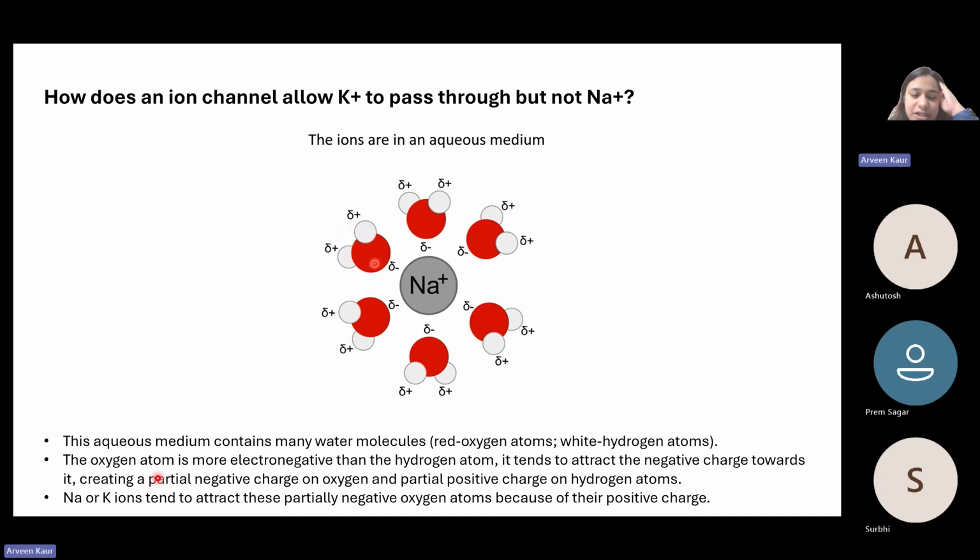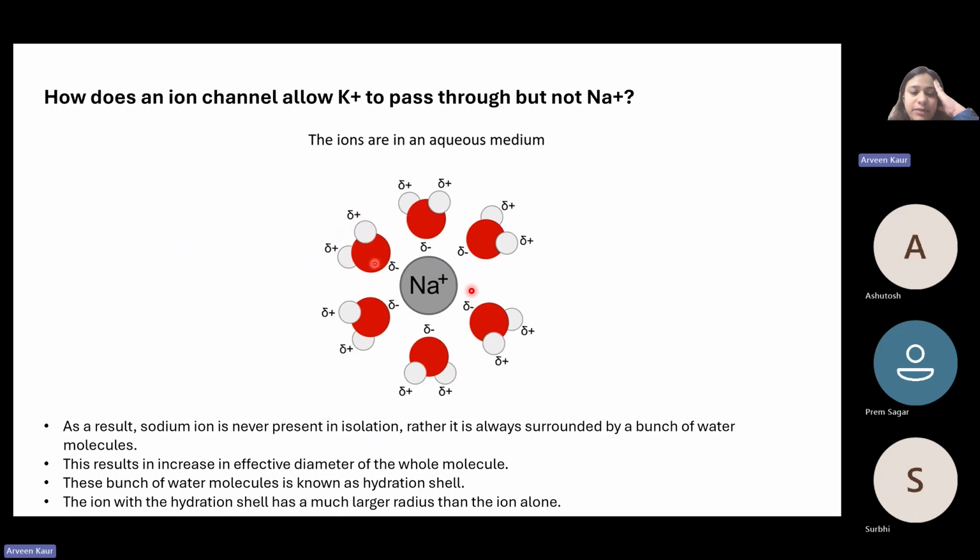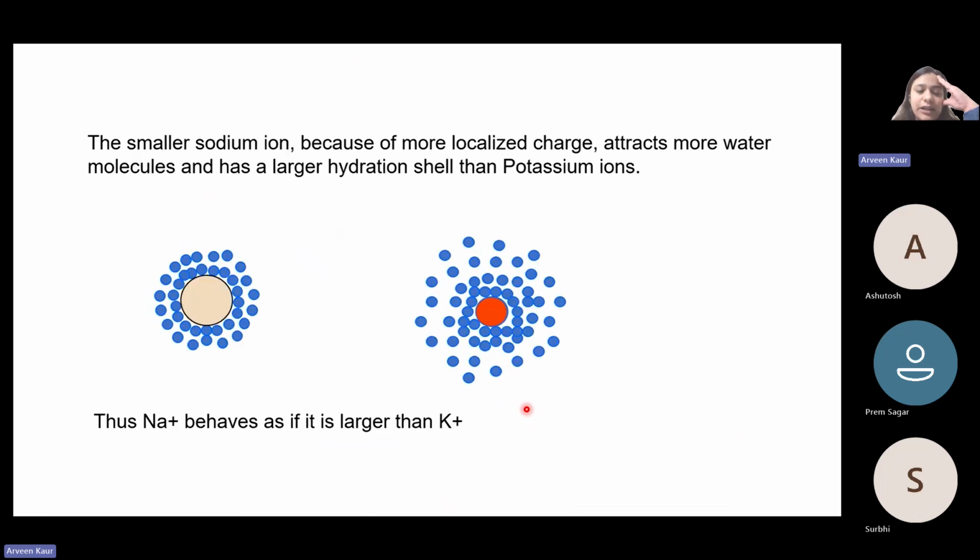Out of sodium or potassium, ions tend to attract these partially negative oxygen atoms because of their positive charge, right? And what happens? As a result, sodium is never present in isolation. Rather, it is always surrounded by a bunch of water molecules, right? And because the radius of this electronegative charge is actually higher in case of sodium than potassium, right? This results in an increase in effective diameter of the whole molecule. These bunch of water molecules are known as hydration shell, and an ion with the hydration shell has much larger radius than the ion alone, right?